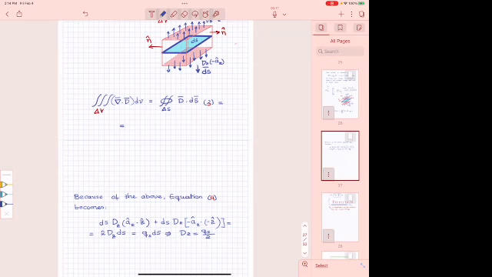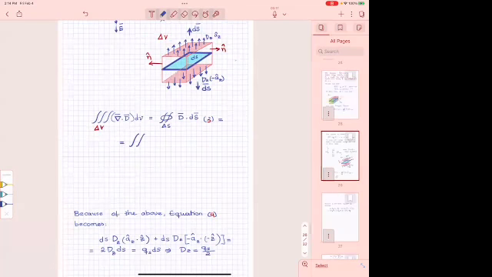And then I have 1 integral on the upper surface. Let me call the lower surface ds prime. So 1 is on the surface ds up there, or delta s.